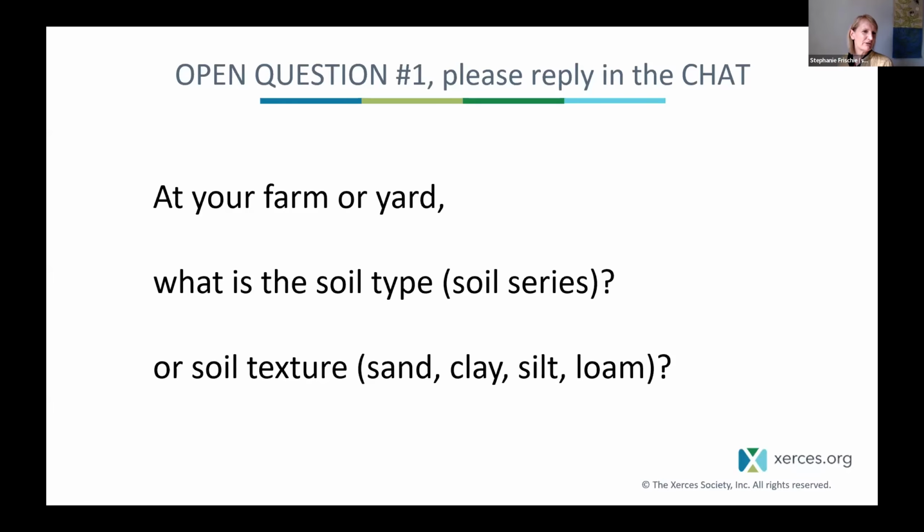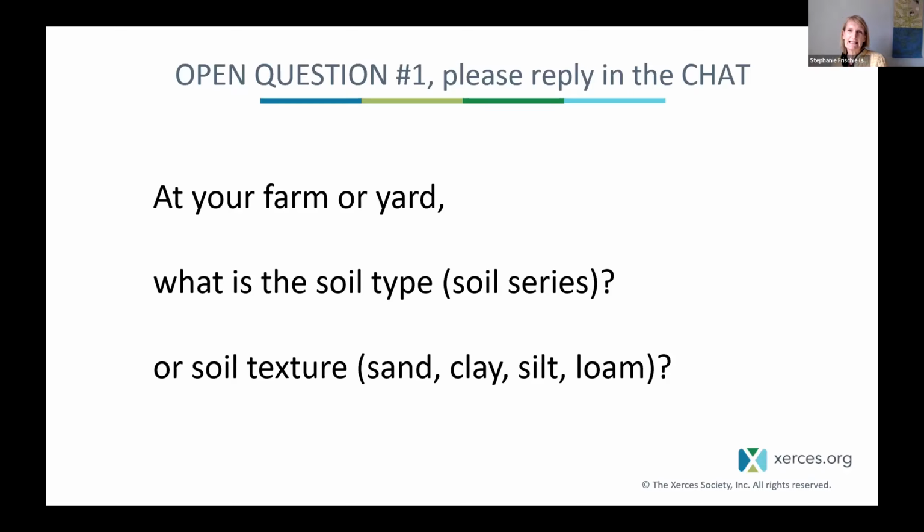I see a question: can you explain the difference between silt and loam? Yeah, silt is this kind of mid-sized mineral soil particle between sand, which is the larger category of particle sizes, and clay, which is the smallest size category.